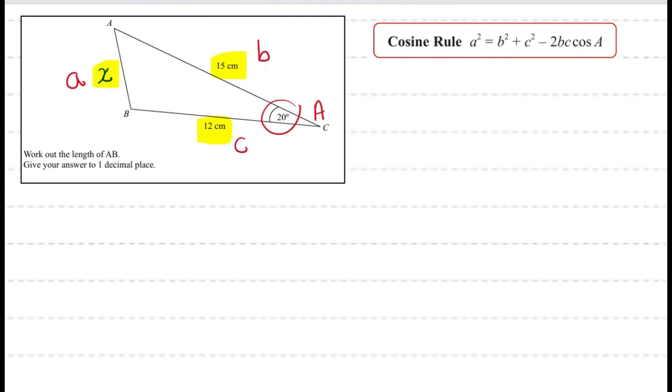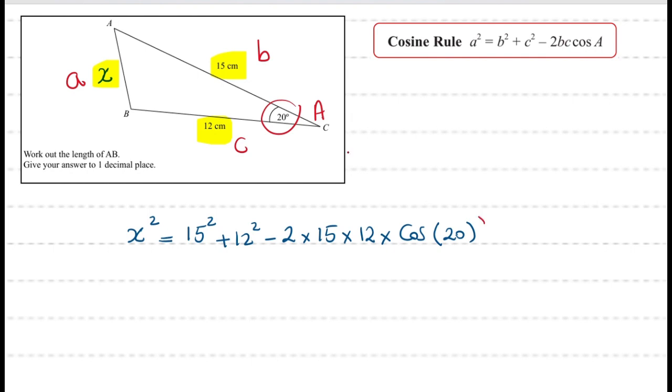We then substitute these values into our formula and write x squared equals 15 squared plus 12 squared minus 2 times 15 times 12 times cos of angle A, which is 20 degrees.